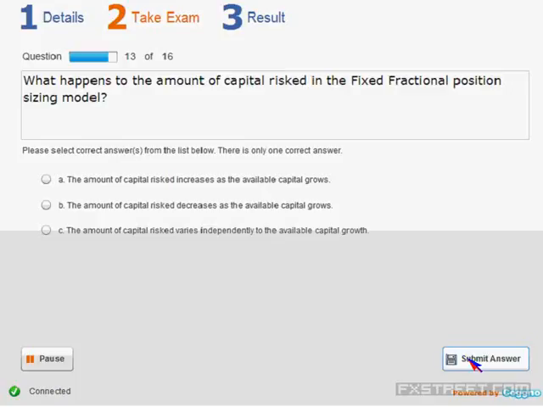13 of 16, what happens to the amount of capital risk in a fixed fractional position sizing model? A, the amount of capital risk increases as the available capital grows. B, the amount of capital risk decreases as the available capital grows. C, the amount of capital risk varies independently to the available capital growth.